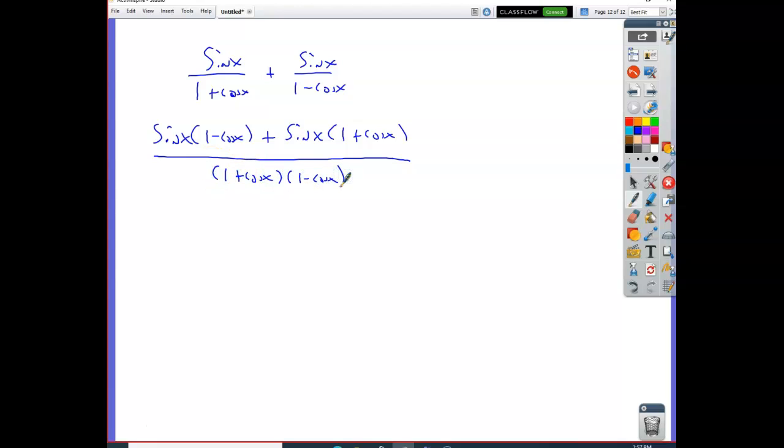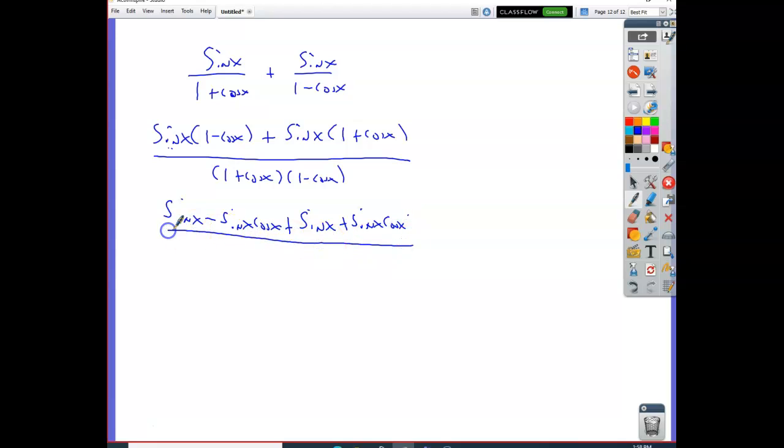What do you do at the top? You just distribute. So we got sine x minus sine x cosine x plus sine x plus sine x cosine x.